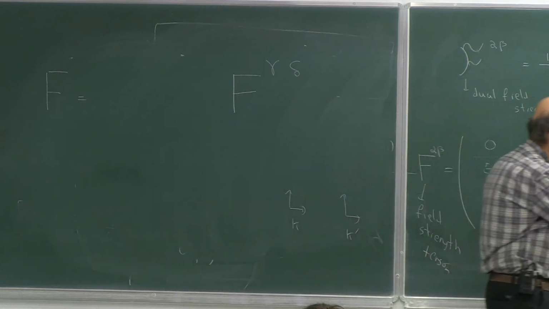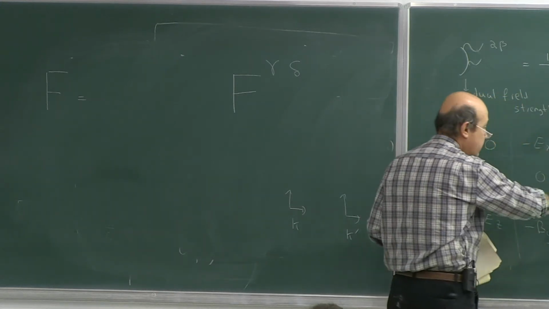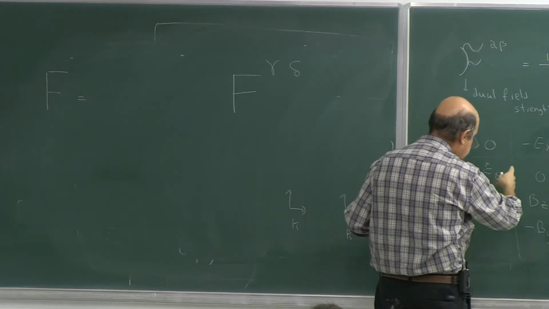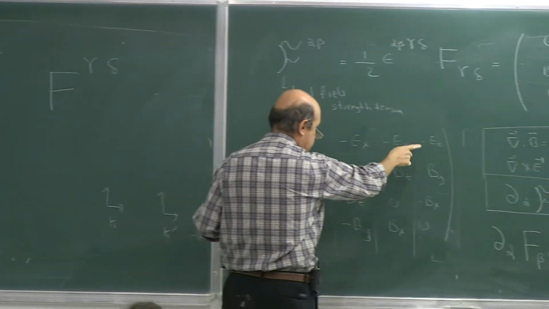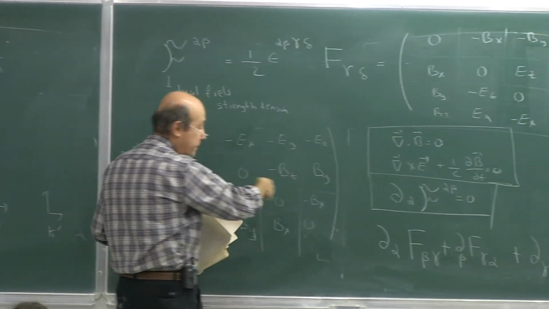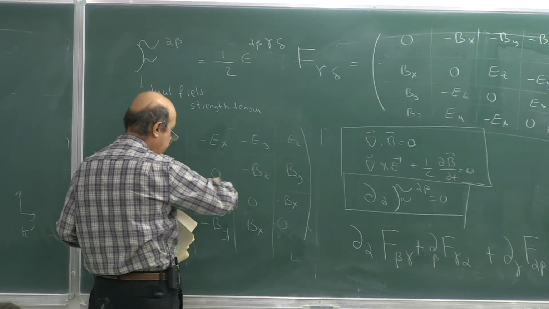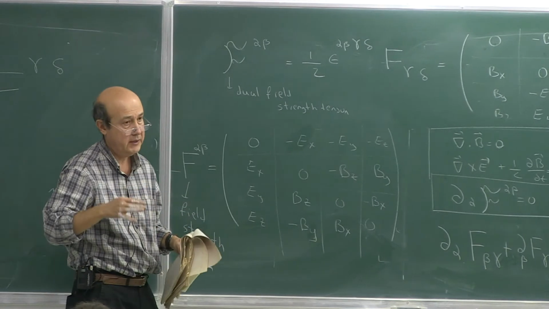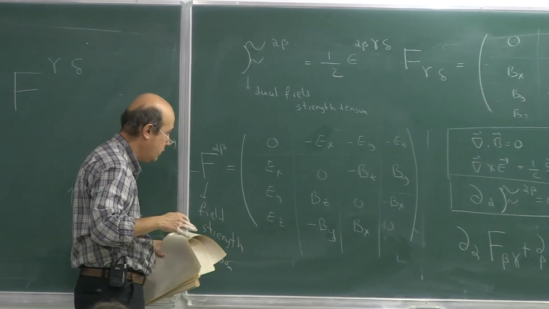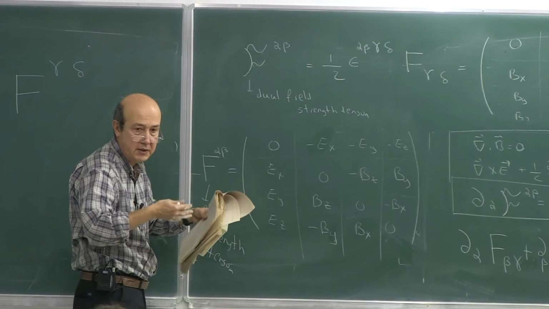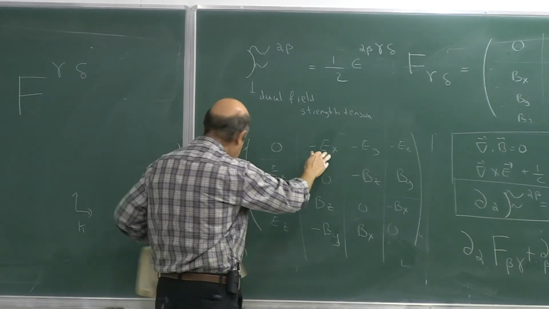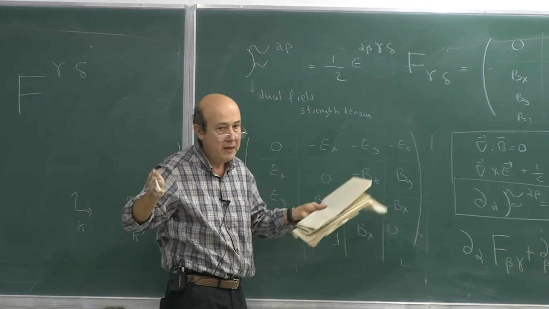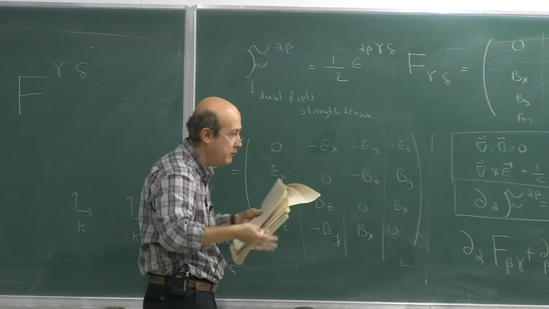The equations don't change in form, but the elements will be changed. The electric field goes to E prime, the magnetic field goes to B prime. The structure is the same, an anti-symmetric tensor, but the elements will be a mixture. In K prime, E x prime could be expressed in terms of, for example, B y, B z, and so on. So the fields will be mixed.